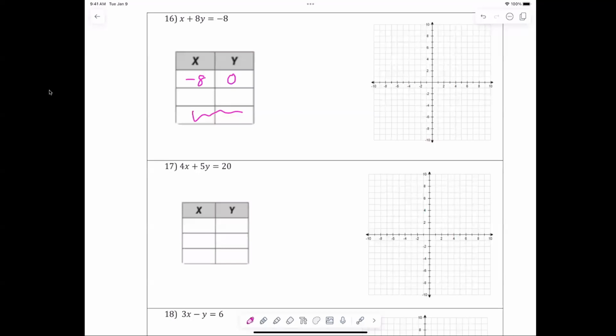Anybody having trouble with that? Now, if x is 0, y is negative 1. Now you know if you understand or you don't. Now let's plot those points. Negative 8, 0. 0, negative 1. We draw the line.